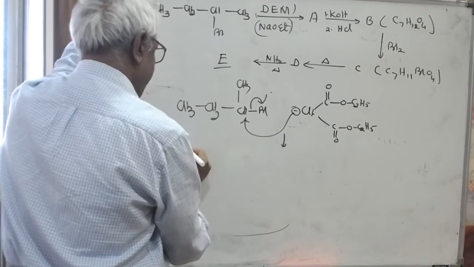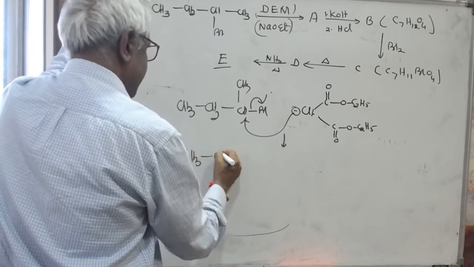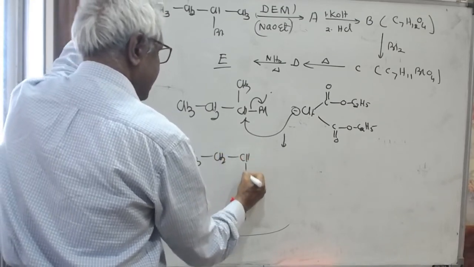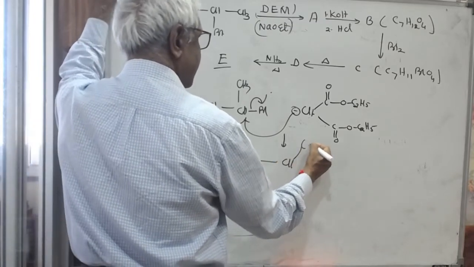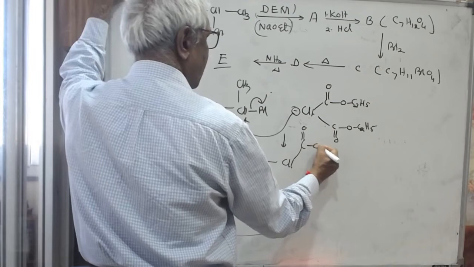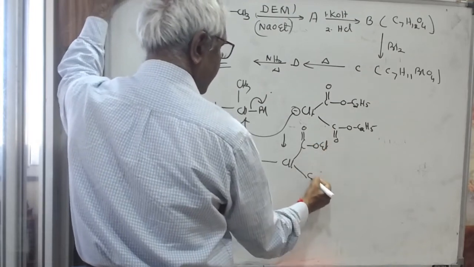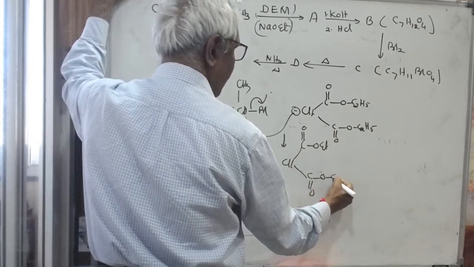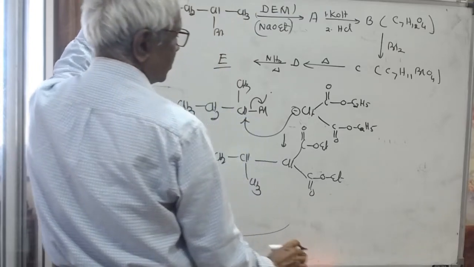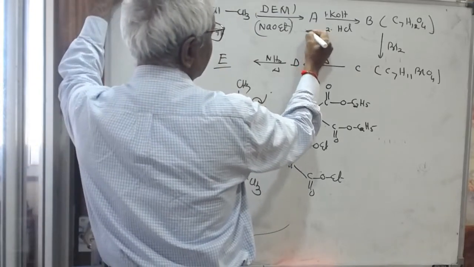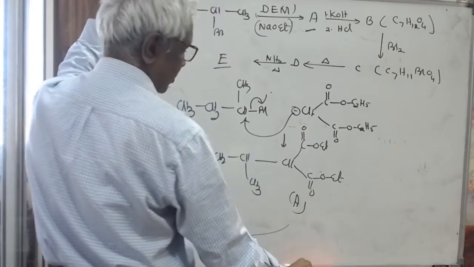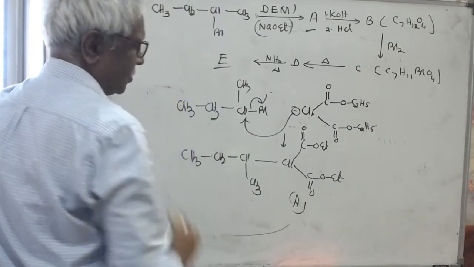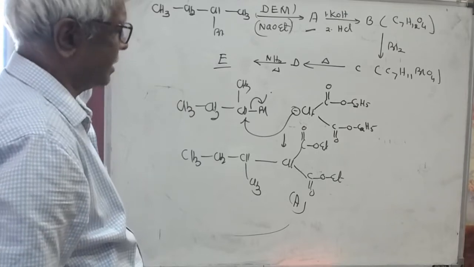It forms CH3CH2CH(CH3)CH(COOEt)(COOEt). So this is A. You have got A now.